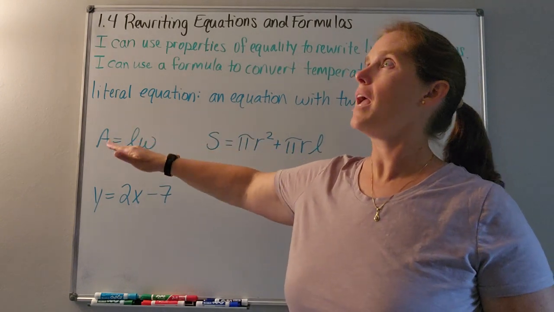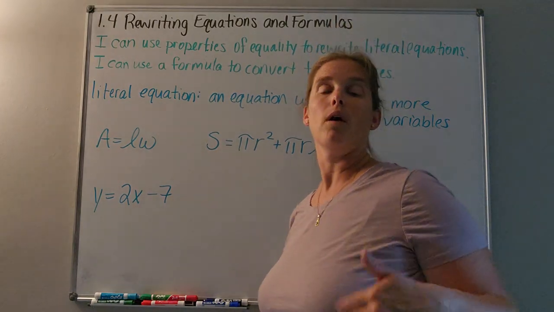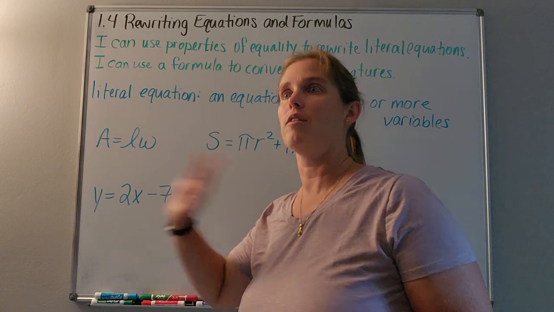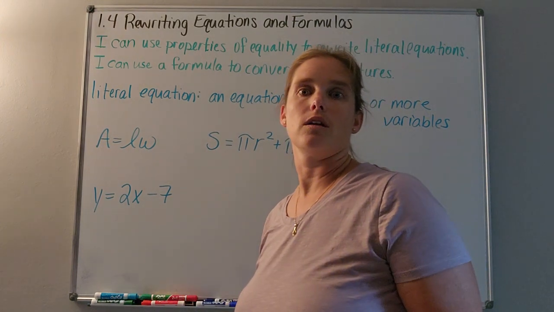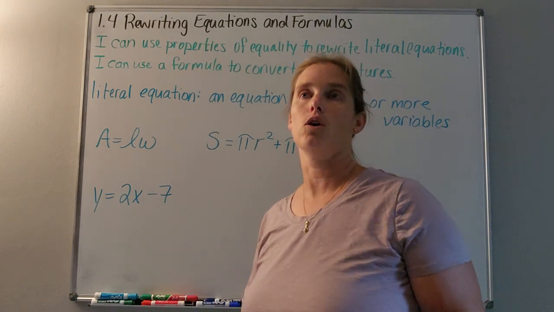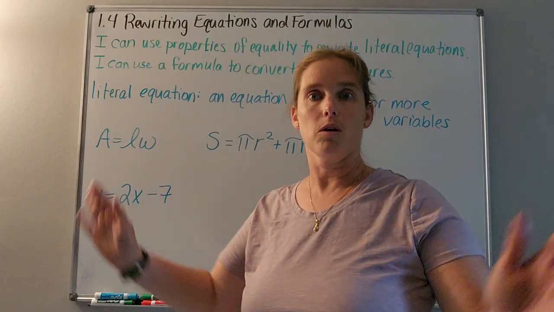If I know the area and I don't know the width, but I know the length, well then why don't I isolate the width and then just try what happens when I put in different areas or different lengths? What width do I get? That sort of thing, rather than constantly doing the same other calculations over and over again. Do one round to reset it and then just do the arithmetic that you need to do.